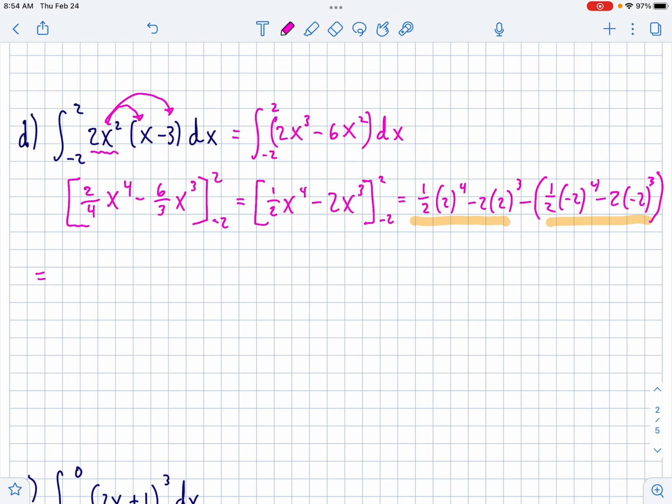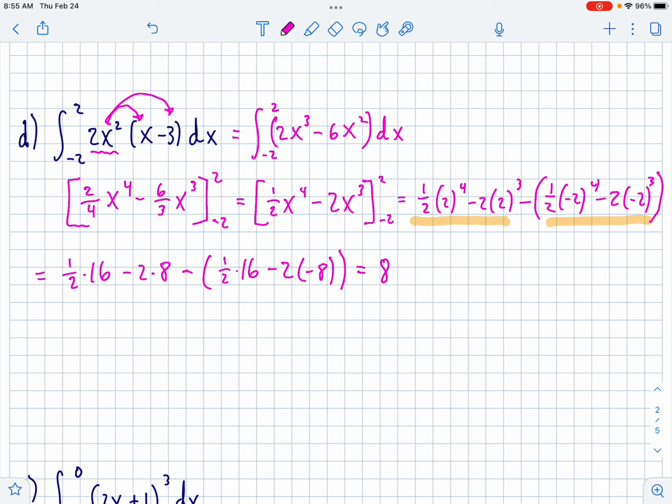Let's do some math on that. 2 to the fourth is 16. So we get 1/2 times 16 minus 2 times 8, and then subtract. Negative 2 to the fourth is positive 16, so we get 1/2 times 16 as well there. And then a minus 2, and then a negative 8, because when you cube negative 2, you get a negative number.